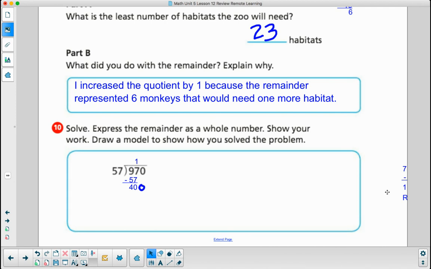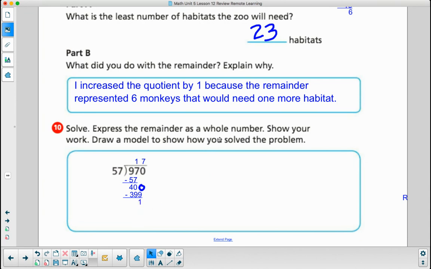400 divided by 57 is 7. 7 groups of 57 are 399. 400 subtract 399 would be 1.